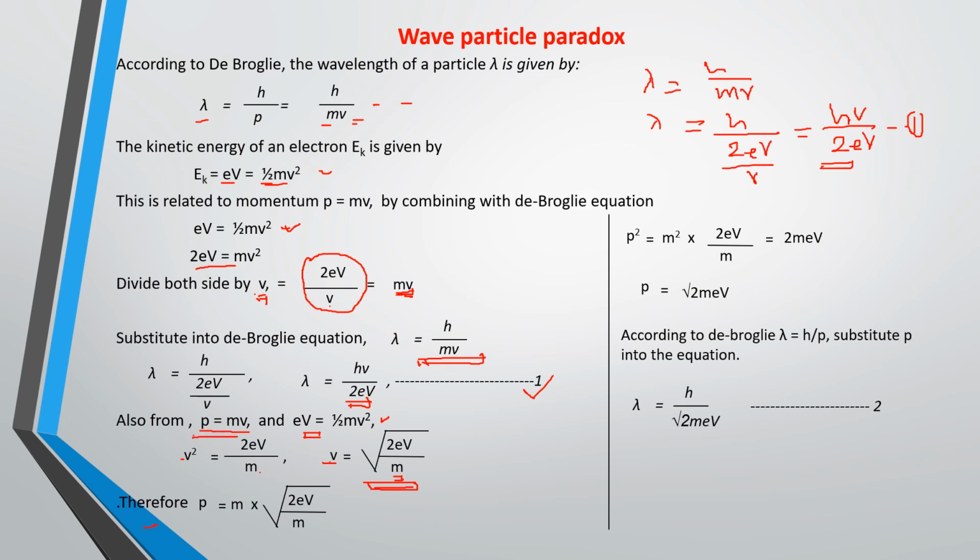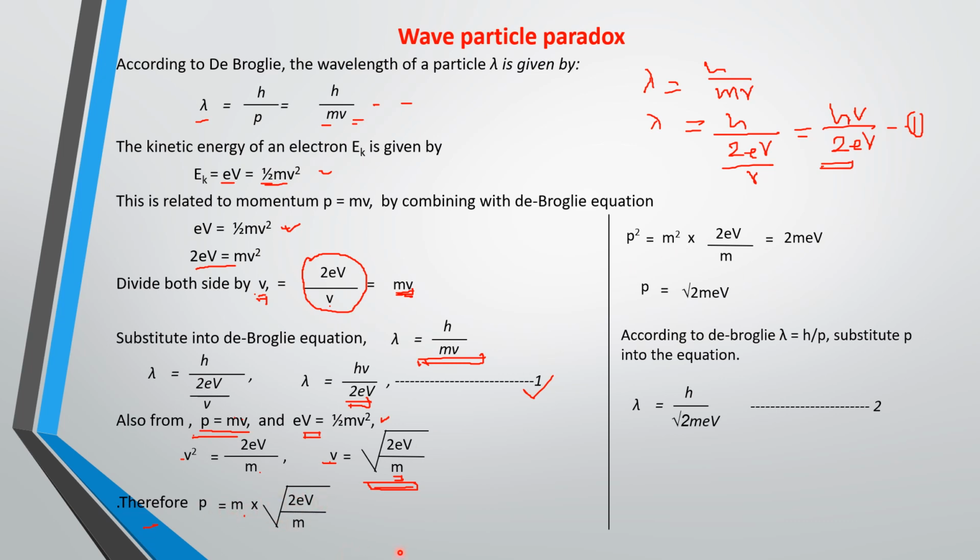So momentum is equal to m times v, and this is your v that we have. So if you write the equation, you have p equals m times the square root of 2 electron volt all over m. If you want to remove the square root sign, you have to square the other variables that are not under the square root.